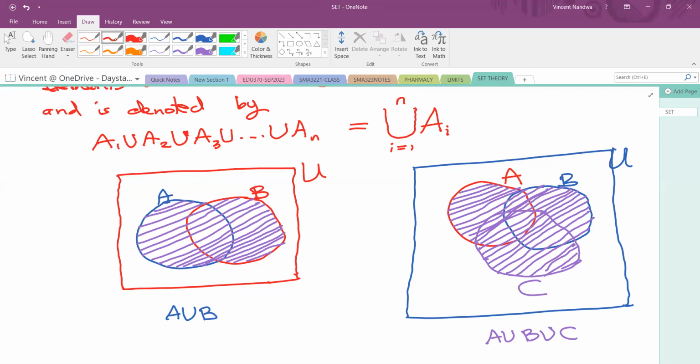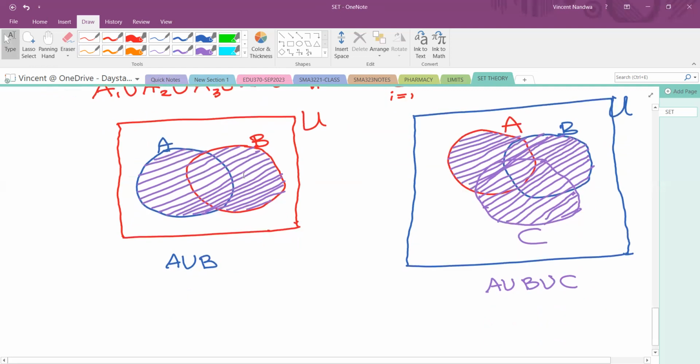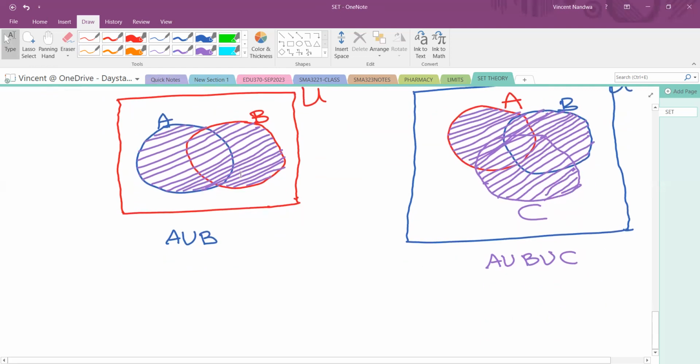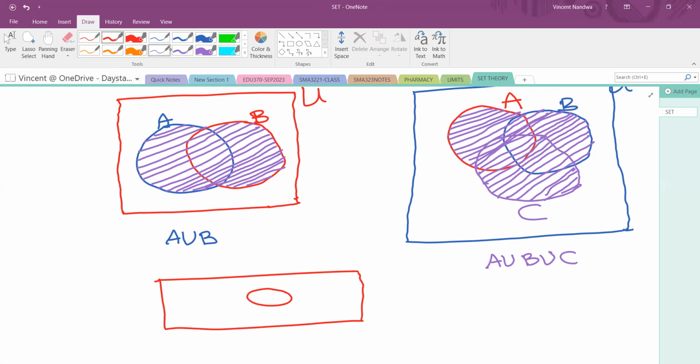So just a caution, when you have been asked to represent, say, the union of three sets A, B, and C, some people may do this.